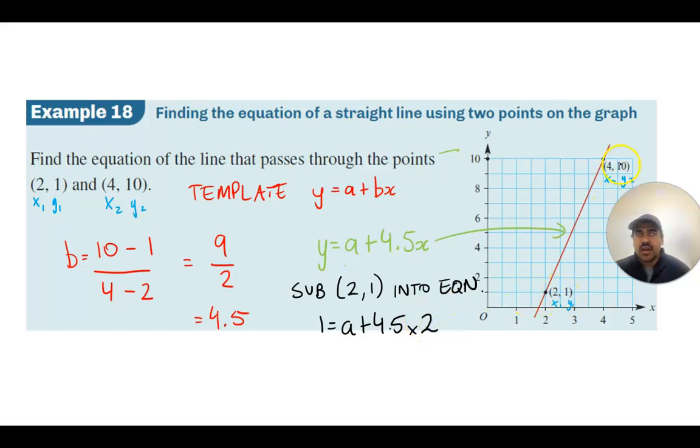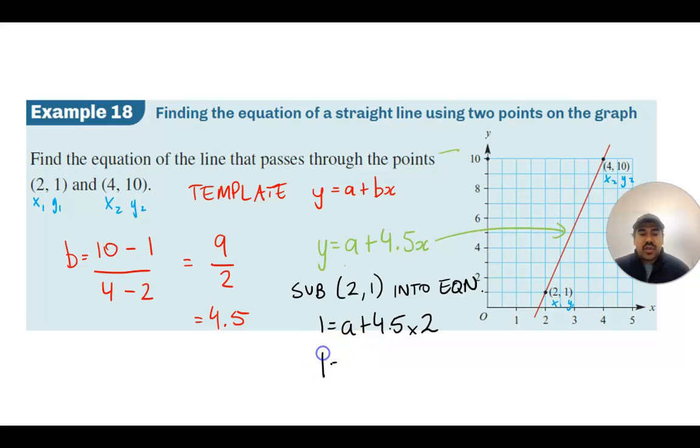You can't just choose any random number, if it fits on the line, it has to be the corresponding pair. So if I'm substituting 1 into here, I have to substitute 2 as my x value. Okay, I can't just choose 1 and then 4, because those are not paired up. They rely on the same line, but they're not the correct pair of coordinates.